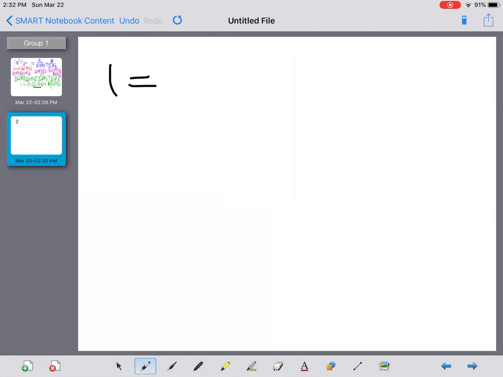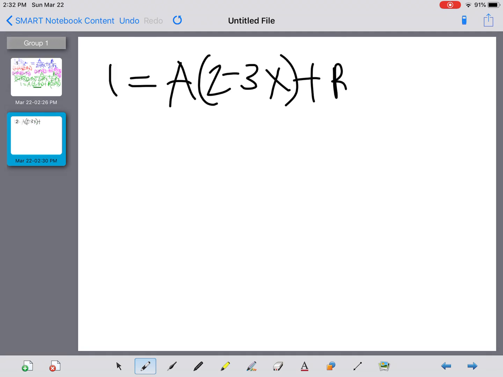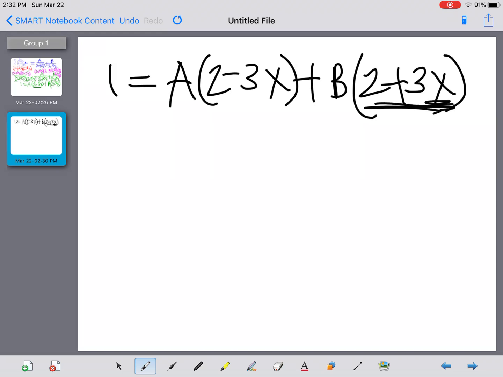We have 1 equal to A times 2 minus 3x plus B times 2 plus 3x. Well, what would make this expression 0 is when x is negative 2/3. So everywhere we see an x, plug in negative 2/3.